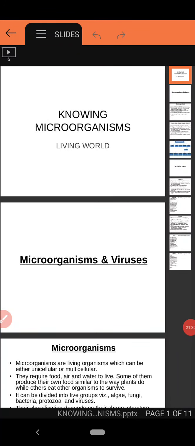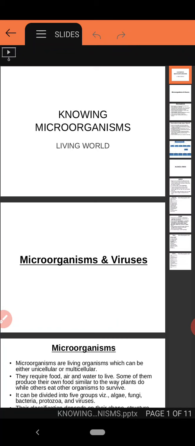Let us summarize what we studied today. Microorganisms are very small microscopic organisms. They can live in all kinds of environments, ranging from ice cold climates to hot springs, and deserts to marshy lands. They may be unicellular or multicellular.